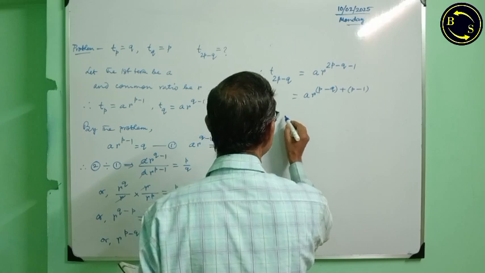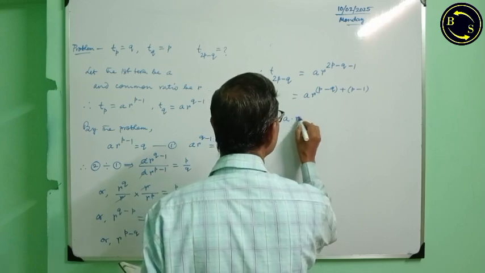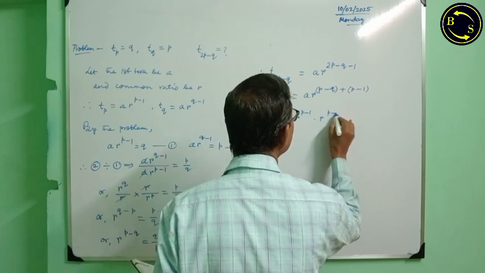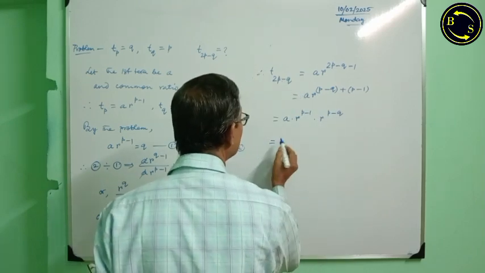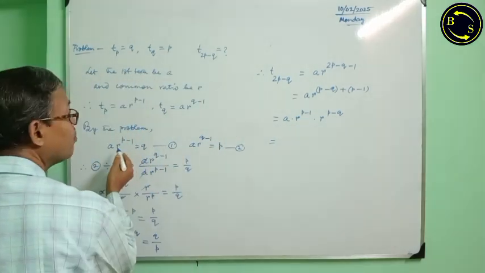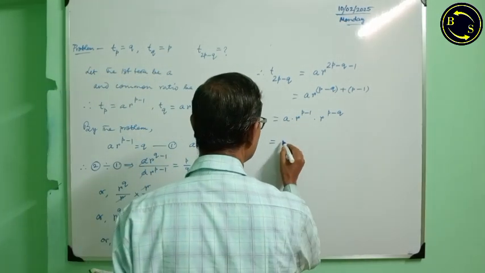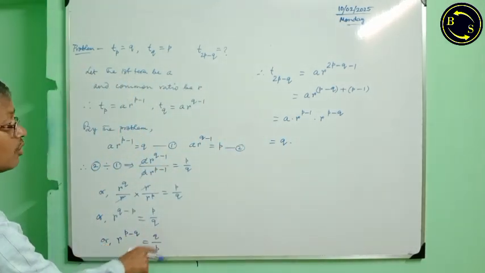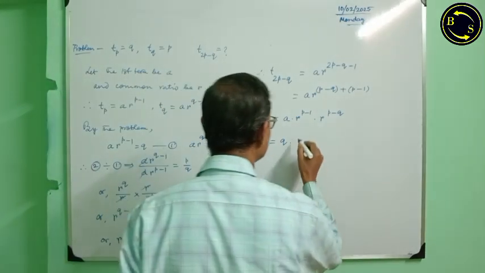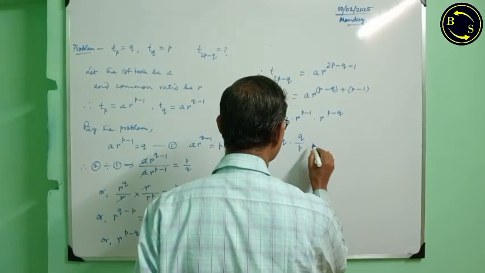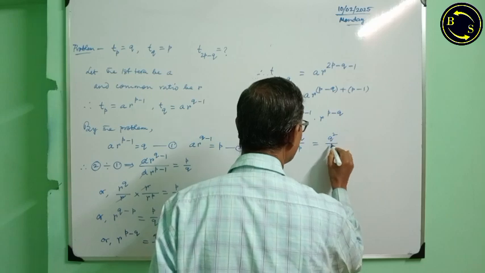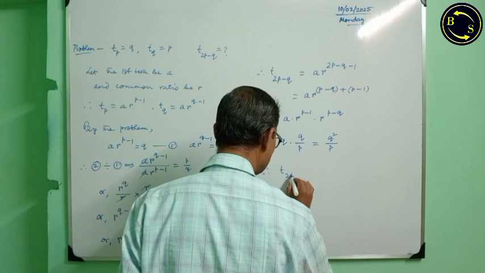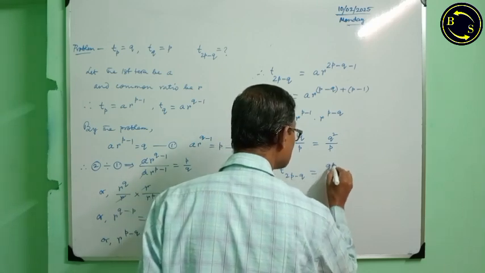Therefore, that is equal to A into R to the power P minus 1 into R to the power P minus Q. Now, A into R to the power P minus 1 is Q. So Q into R to the power P minus Q. Already we have got that value, we put it here. Therefore, the (2P minus Q)th term is Q square by P.